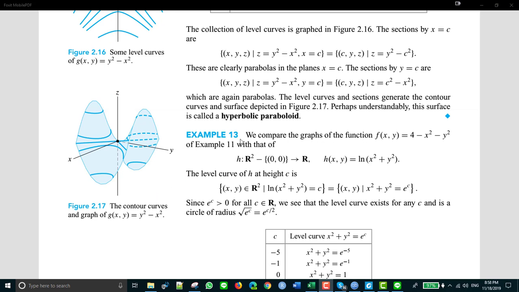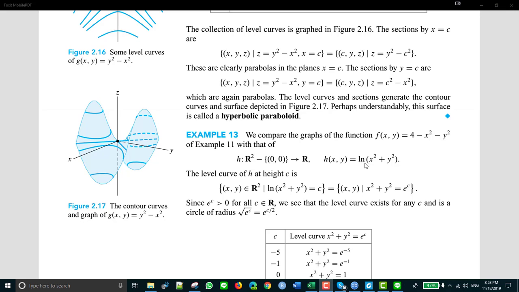Okay, now we compare the graph. This is example 13. We compare the graphs of the function, the one that we just did, with this one. So the domain of this one is R2 minus the origin. Why is that?